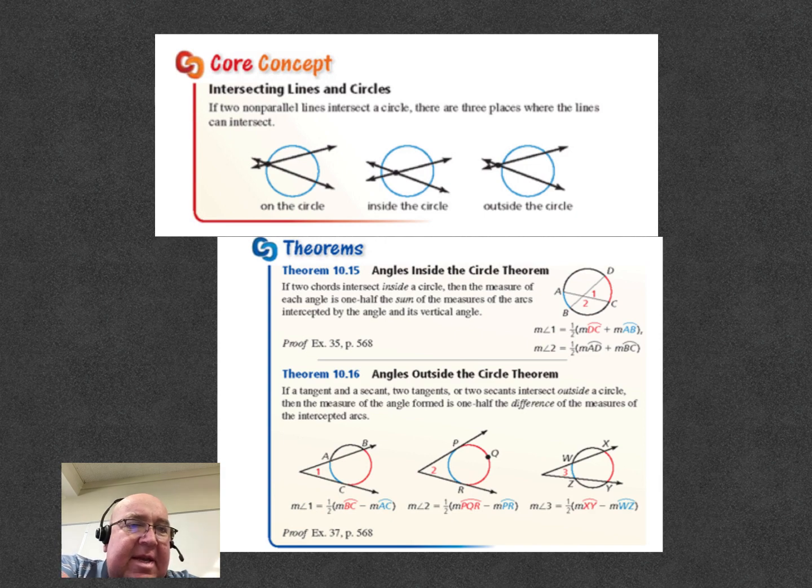And the angles outside the circle theorem says that the measure of an angle outside is equal to half of the far arc minus the near arc. So we'll put those two.